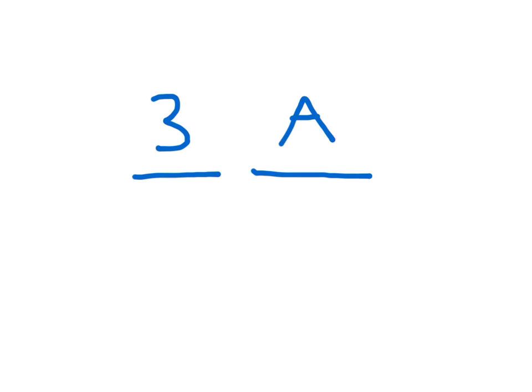Okay, so first of all, let's look at hexadecimal in terms of place values, just like we did with decimal and binary. So let's write a number in hexadecimal. Let's write 3A. Okay, how do we interpret this?